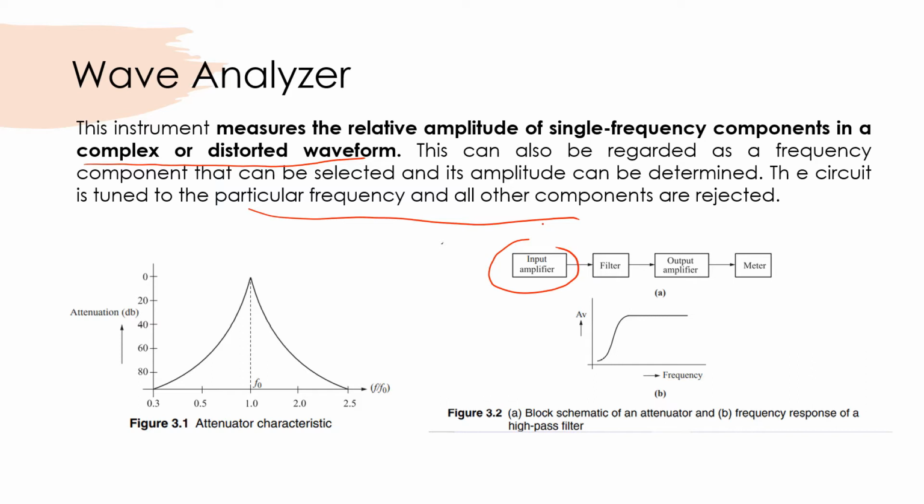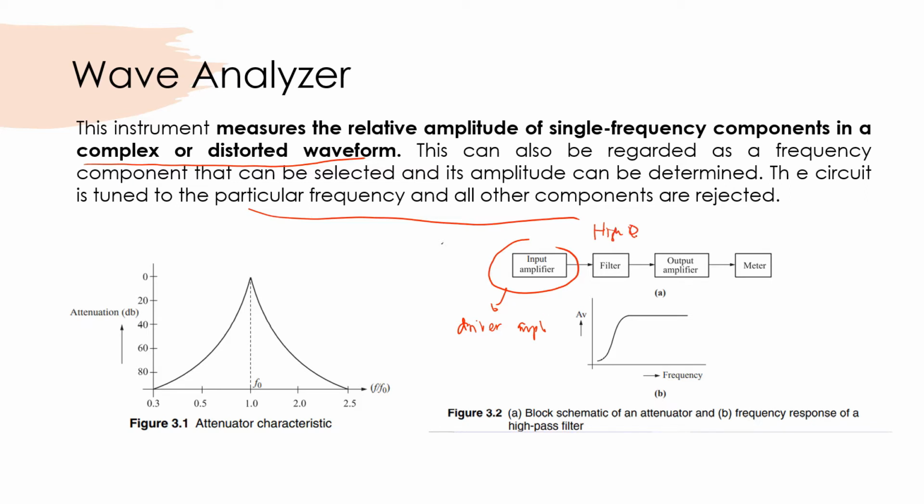After the driver amplifier, the signal comes to the high Q active filter, and this filter consists of the cascaded arrangement of RC resonance sections and filter amplifier. So this is the high Q filter.